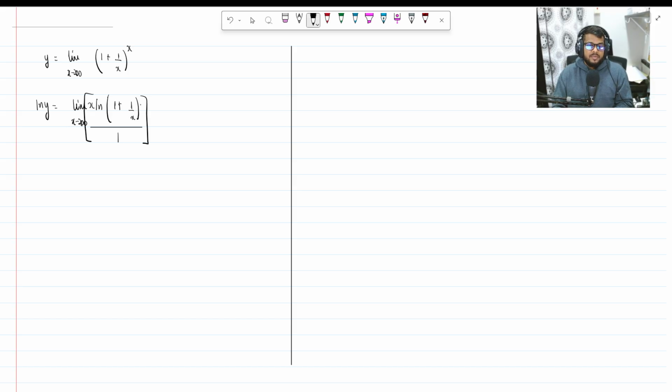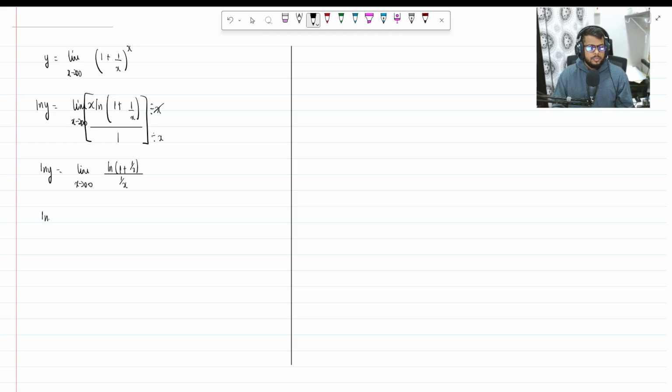When I divide the numerator by x, this x will cancel with this x. When I divide the denominator by x, I'm just going to get 1 over x. So ln y is equal to the limit as x tends to infinity of ln(1 + 1/x) divided by 1/x.